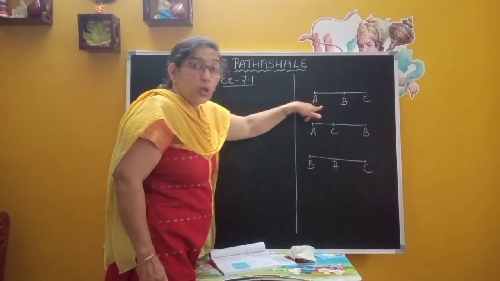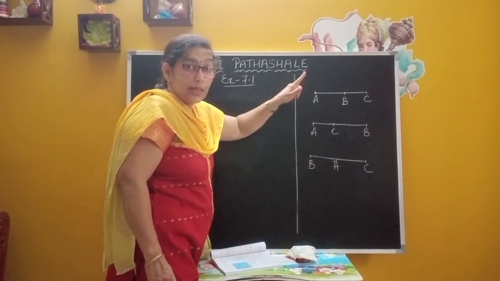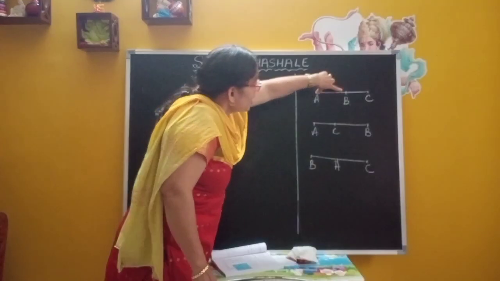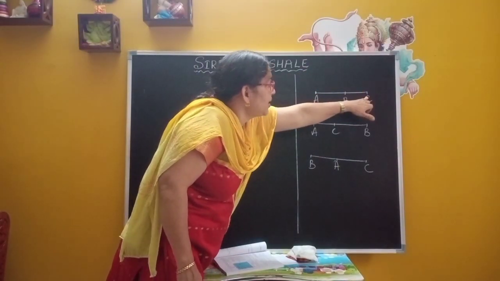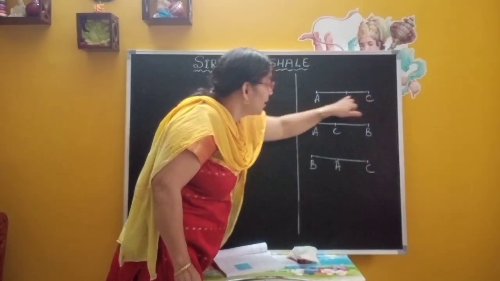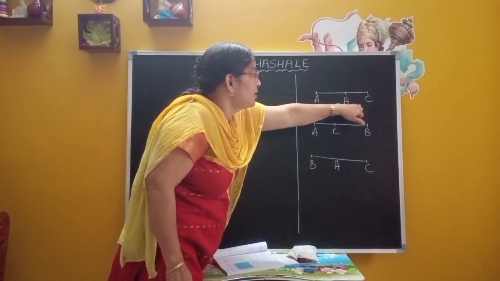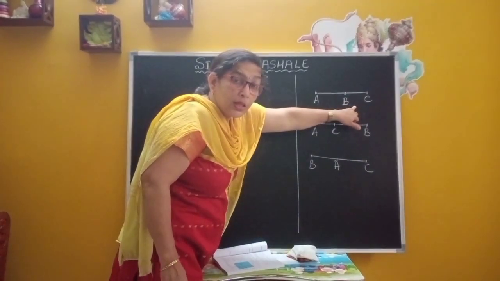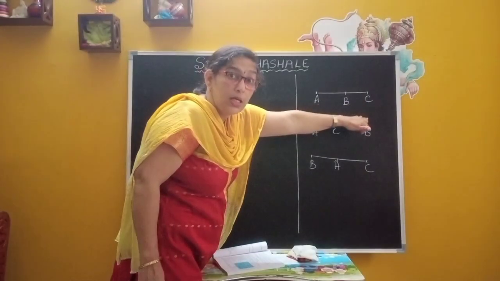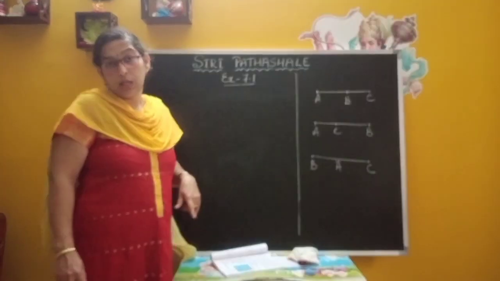See these figures now. If these 3 are collinear, on the same straight line, AB plus BC sum would be AC. AB and BC added, the total length would be AC, only if they are collinear.